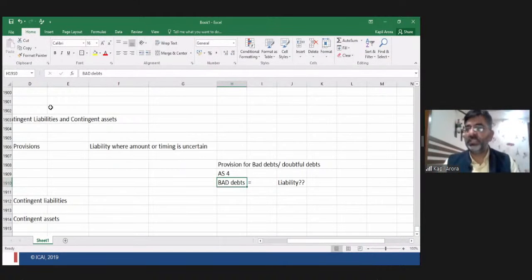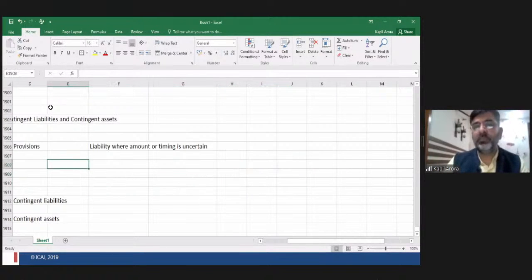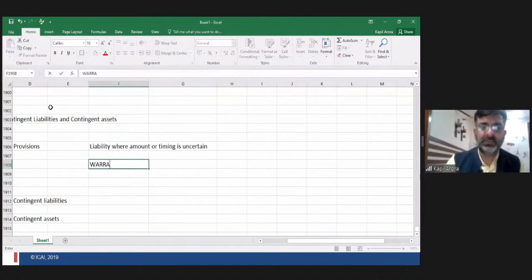So what could be the provision when income taxes are not there, bad debts are not there? I will just give one example before we say goodbye for the day. That example is warranties.